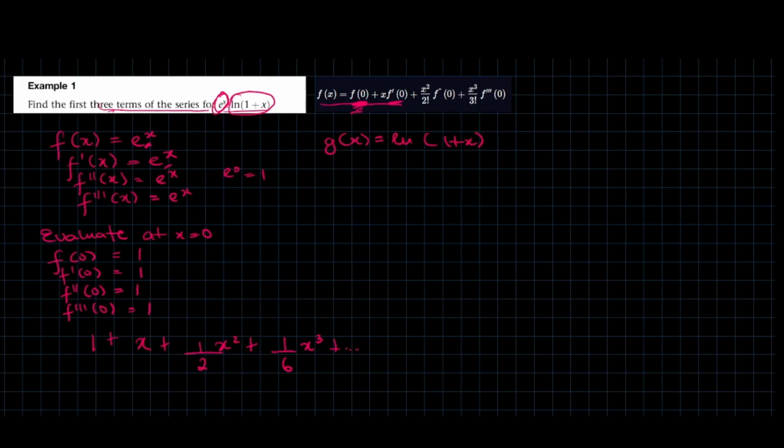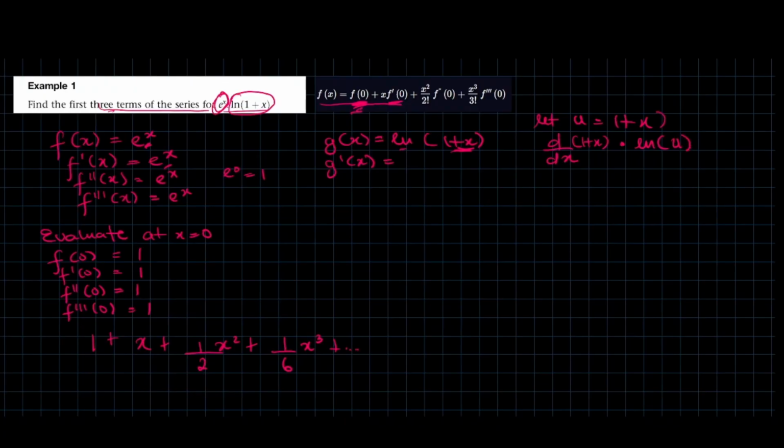Now for the next equation, g of x is assigned to ln of 1 plus x, right? So take the first derivative of this. It's a composite function, where the first function is 1 plus x, and the second function is the ln of the function. So let's use some chain rule. We're going to say let u be equal to 1 plus x. Now chain rule, you simply differentiate what you find inside the bracket, which is 1 plus x in this case, times ln, we make the substitution u.